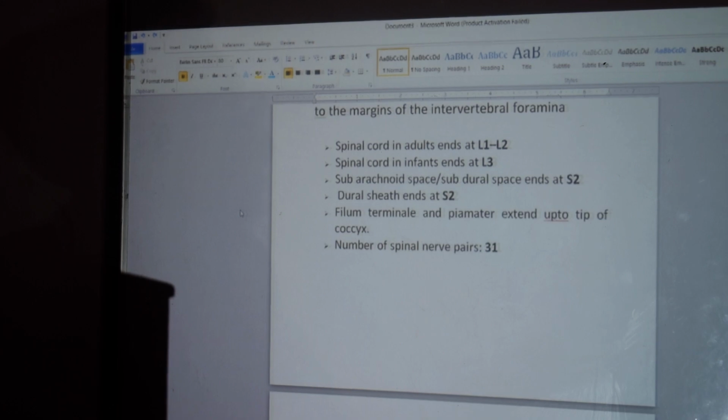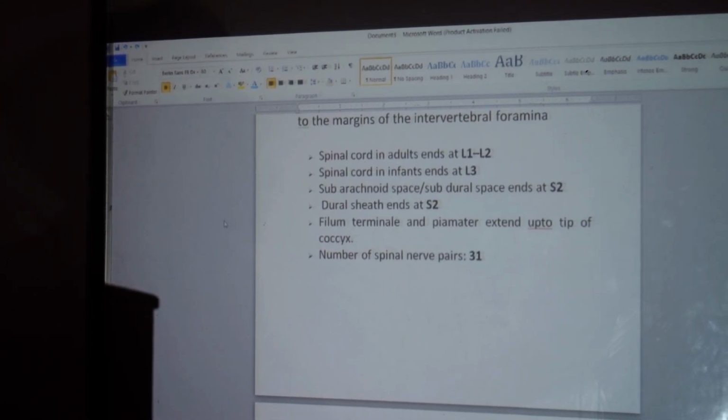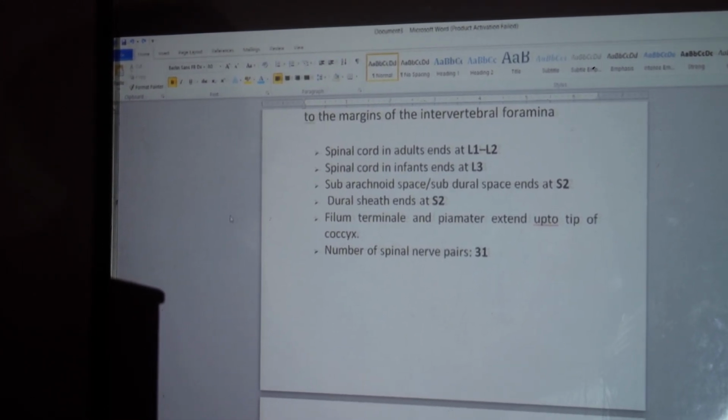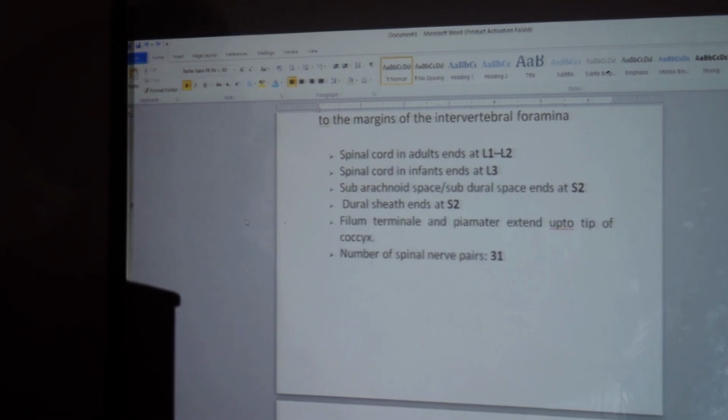So they continue below the spinal cord. And you have to remember that there are 31 pairs of spinal nerves. These are some of the important numerical facts associated with the spinal cord: the number of spinal nerves, the number of denticulate ligaments, which vary from 21 to 25, and the termination of the spinal cord, which is different in infants and in adults.